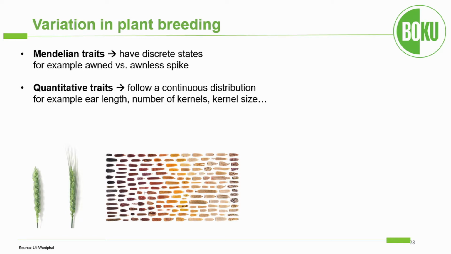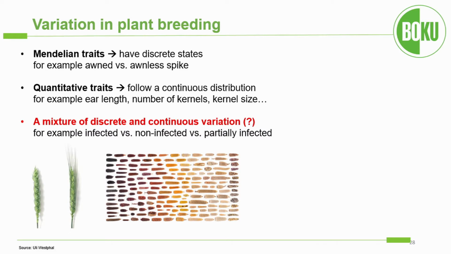And sometimes we see a combination of these, a mixture of discrete and continuous variation. For example, infected versus non-infected with a pathogen, versus partially infected. Here is an example of a parasitic fungus in wheat, called stripe rust or leaf yellow rust.